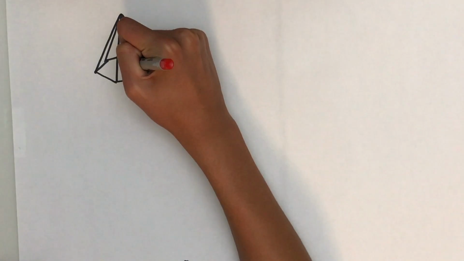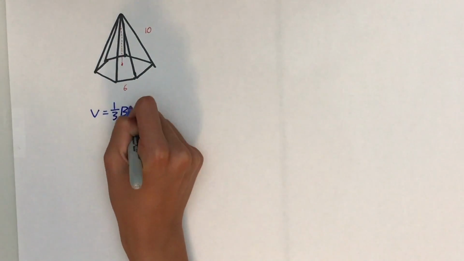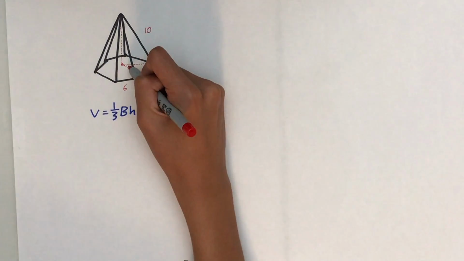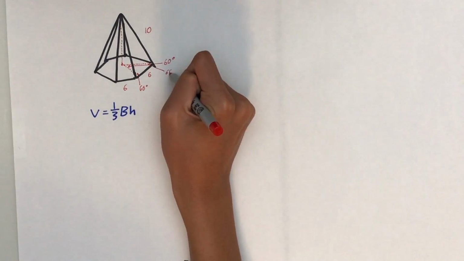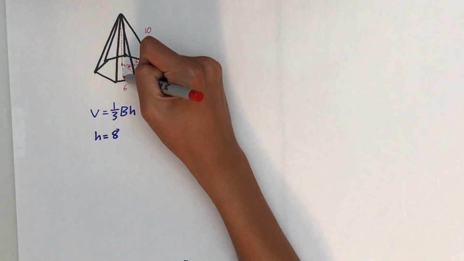Let's do a few practice problems. Let's say that we have a hexagonal pyramid with a base edge of 6 and a lateral edge of 10, and we have to find the volume. So we know that the volume is 1/3 times base times height, so we first have to find the height of the pyramid. And we can do this by forming an equilateral triangle with the central angle and two radii of the hexagon.